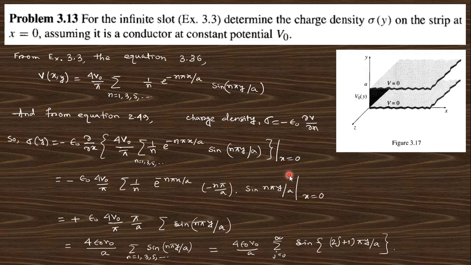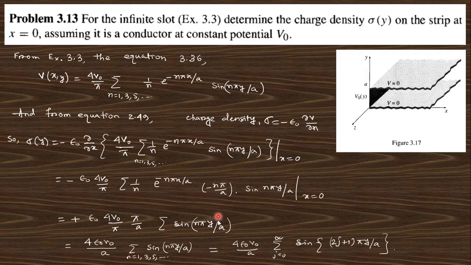So del del x at x equal to 0, the interface will be at x equal to 0. So if you take the derivative with respect to x, you will get this expression within this x, and the others are constant. So you will finally get the summation of this. Here you can see this will be, if n equals to, only the odd values exist, because for even values this equals 0, right?